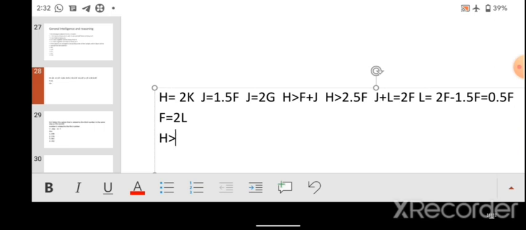H is greater than 2.5 F, so H must be greater than F. Now J is equal to 1.5 F and J is equal to 2G, so F must be greater than G. F should be greater than G. And F is twice times L, so F is greater than L.